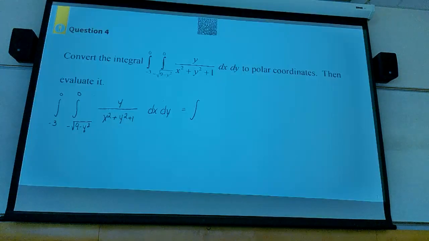Reason myself not plotting this one. This is one that you should recognize. What kind of curve is that? Semicircle. Which one?